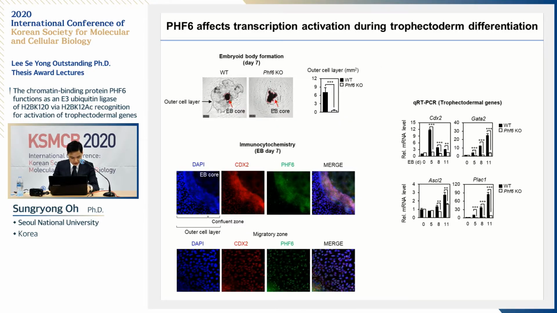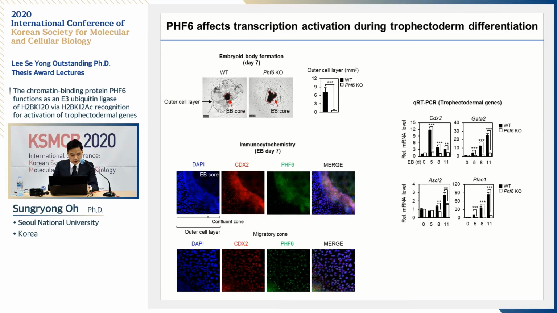To further confirm this, I compared and observed the differentiation of wild-type and PHF6 knockout cells by performing embryoid body formation. As a result, I confirmed that the cell layer extending out of the core of embryoid bodies did not grow in PHF6 knockout cells.